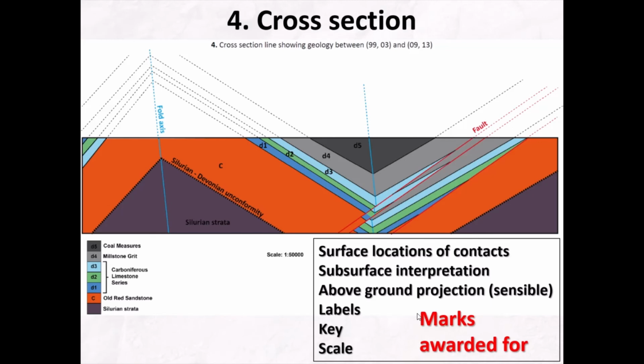And marks will be awarded for the surface locations of the contacts where they'd be on the ground surface, how those contacts would continue in the subsurface, so what they look like on the cross section itself, a sensible projection above the ground, useful labels, a key which helps me understand what you're trying to show, and a scale or scales. So if you can include all of those things on your cross section, then I have no choice but to give you full marks.